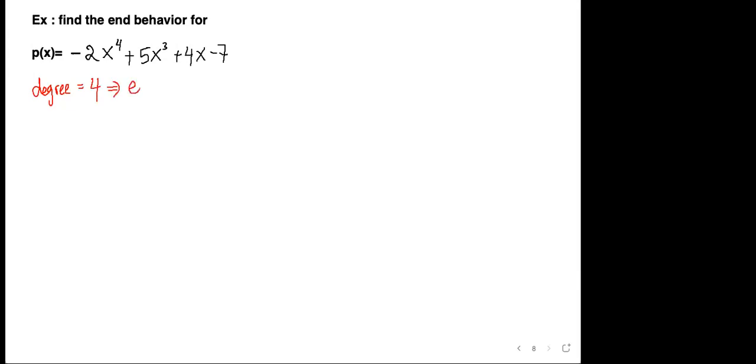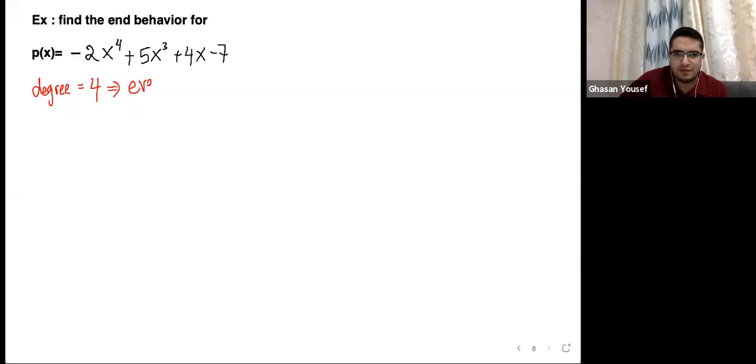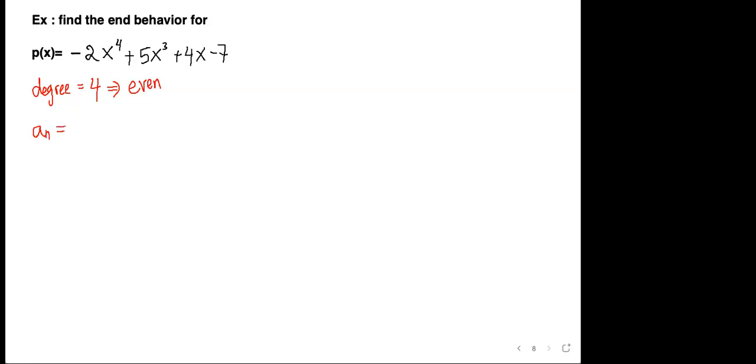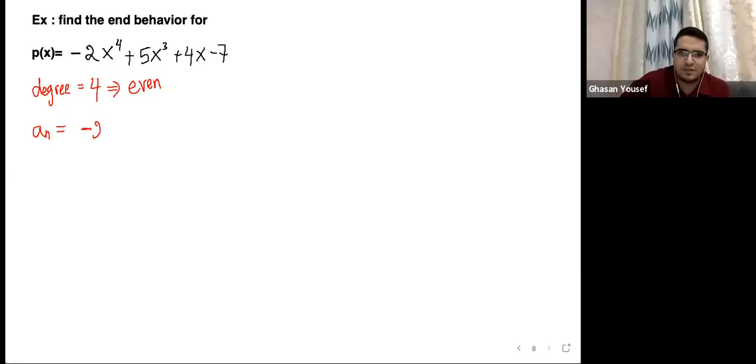So the degree is 4, so it's even. Now, what is the leading coefficient? What is a of n? It's minus 2. This is correct. Is minus 2 positive or negative? What is the sign? Is it greater than 0 or less than 0?